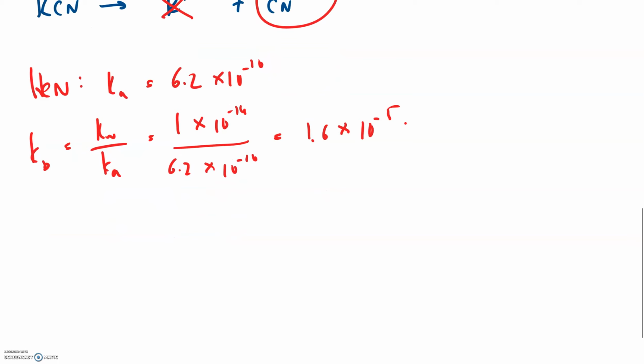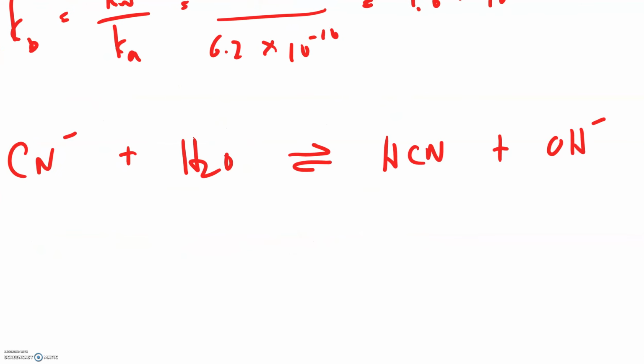So what's our pH? We know that when CN minus acts as a base in solution, in other words, reacting with water, it's going to swipe that H plus off of water and leave OH minus. And that is what bases do. They produce OH minus by accepting a proton.